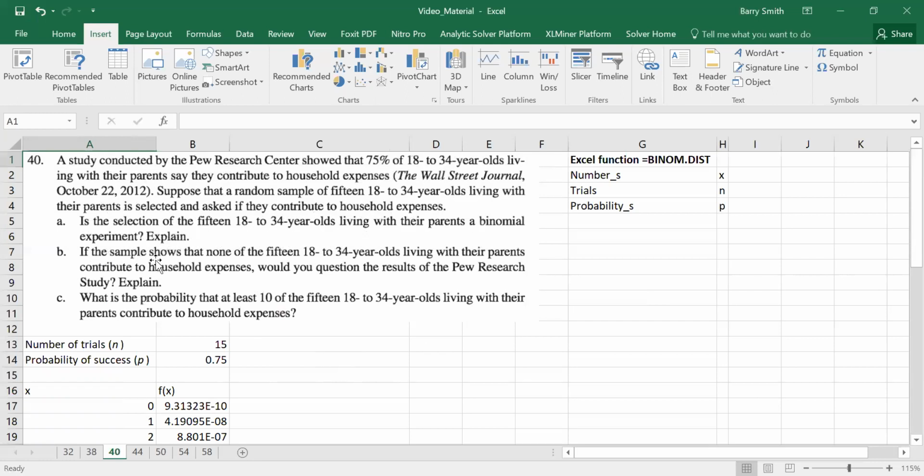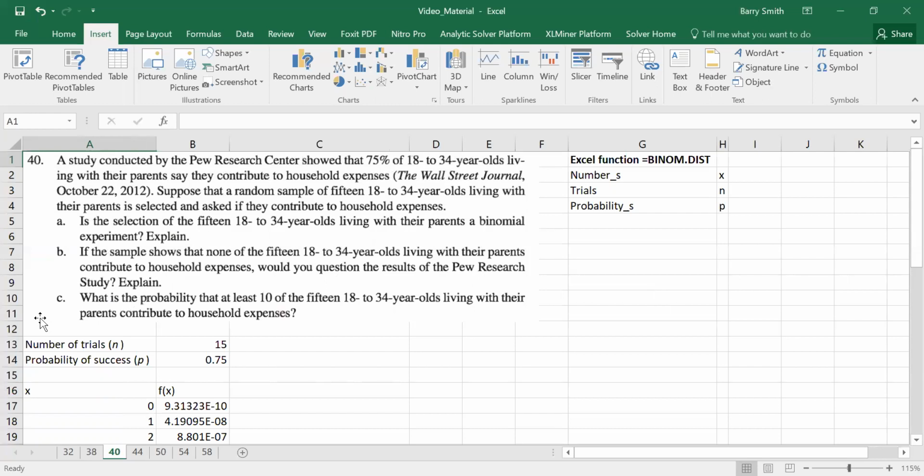Explain. If the sample shows that none of the 15 contribute to the household expenses, would you question the results and why? And then what is the probability that at least 10 of the 15 18 to 34-year-olds living with their parents contribute to household expenses?